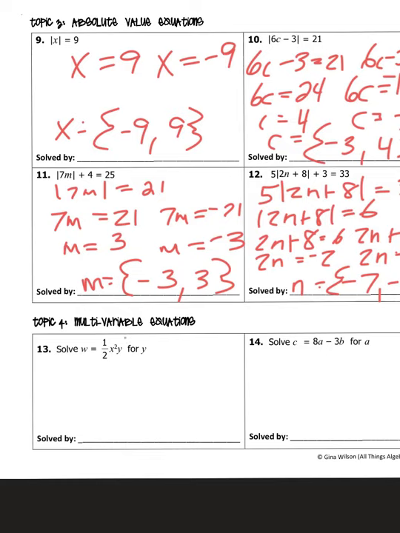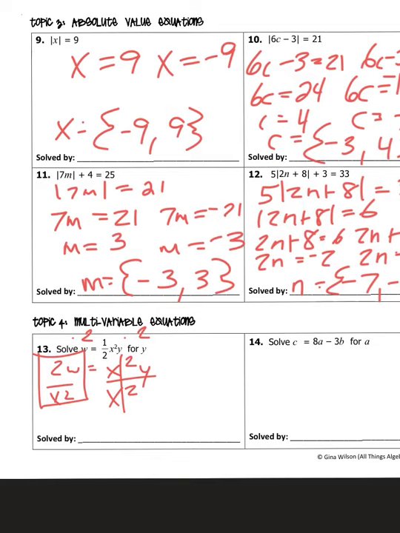So I'm going to multiply both sides by 2. This will give me 2w equals x squared y. And I'm going to divide by x squared. X squared is being multiplied by y. To get rid of it, you divide. And then y equals 2w divided by x squared.